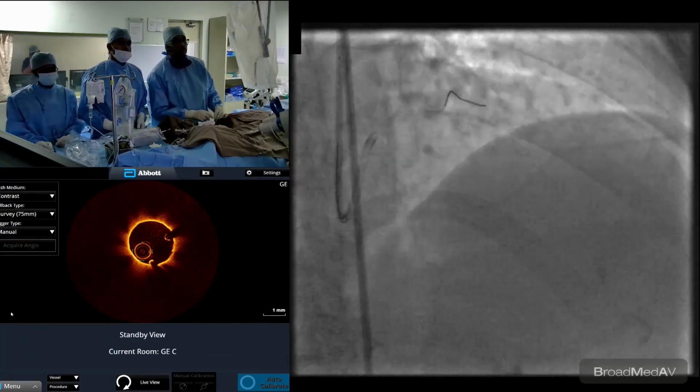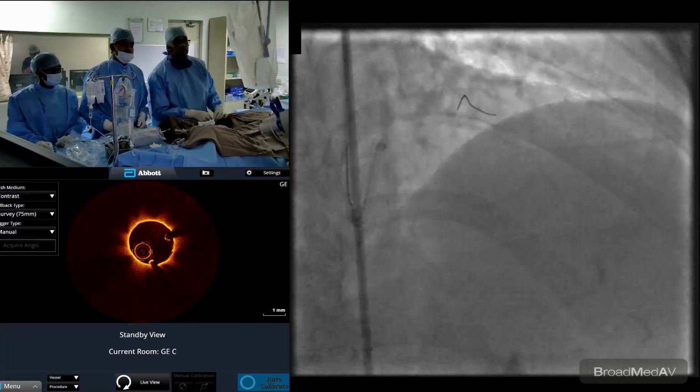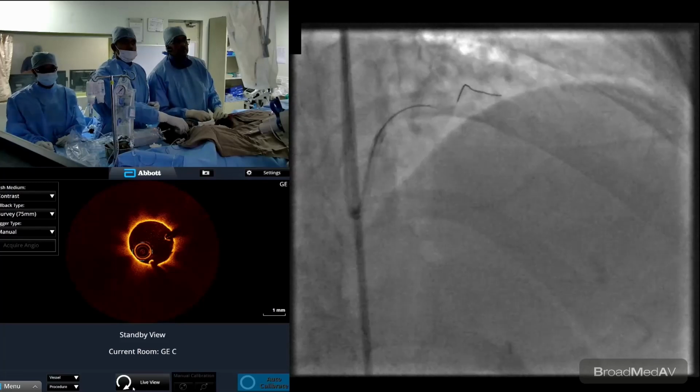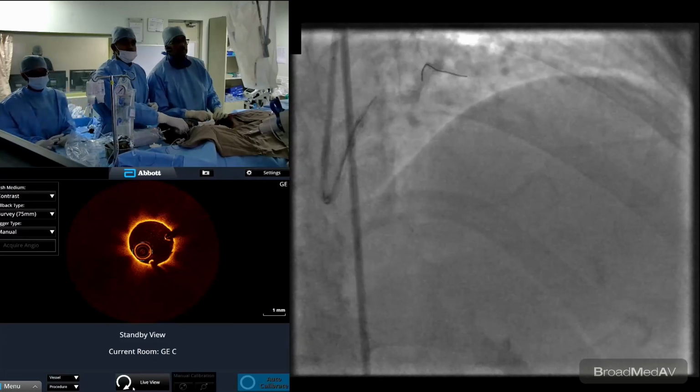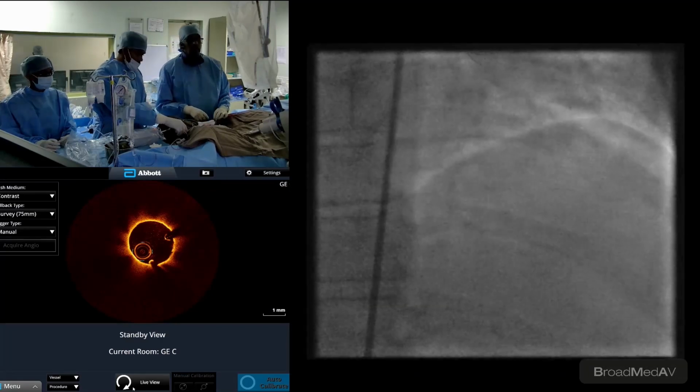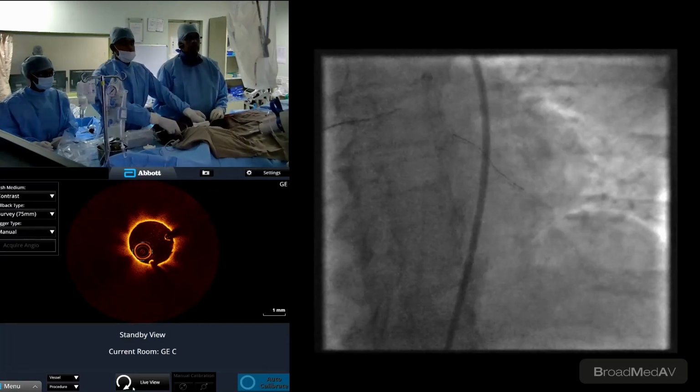So we just removed the catheter. Show me the wire. Go back to the LAO caudal. Contrast, sir.